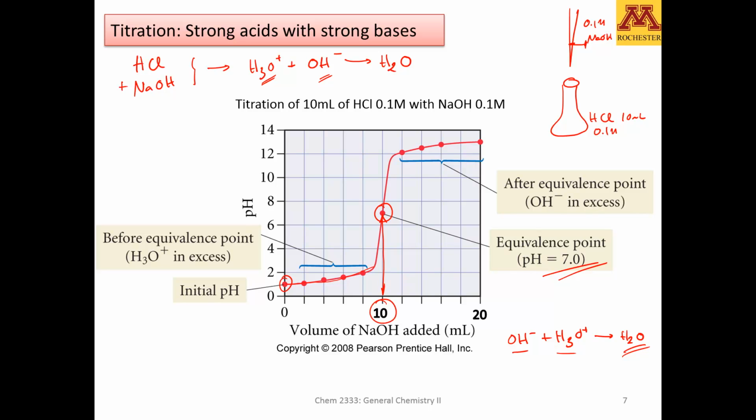Notice that after the equivalence point you will have an excess of hydroxide, so that pure hydroxide will have very high pH, or if you will, very low pOH, high concentration of OH negative. So expect this kind of shape, having pH equals 7 at the equivalence point when you mix strong acids with strong bases. So let's practice a little bit if we can apply this simple exercise to other situations.